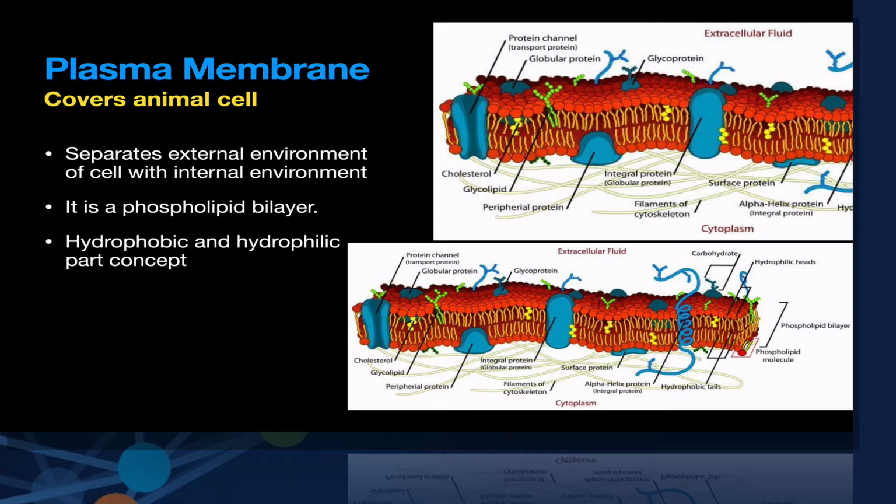There is a division between both environments with the help of the plasma membrane, or else we might be unable to identify which is the external fluid of the tissue and which is the internal fluid of the cell.